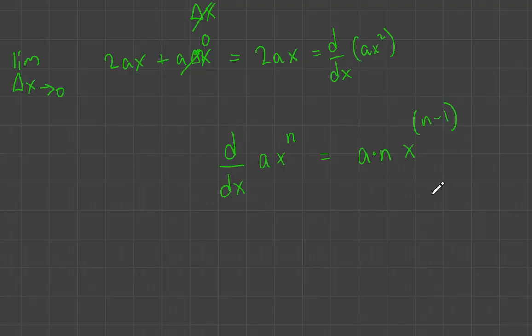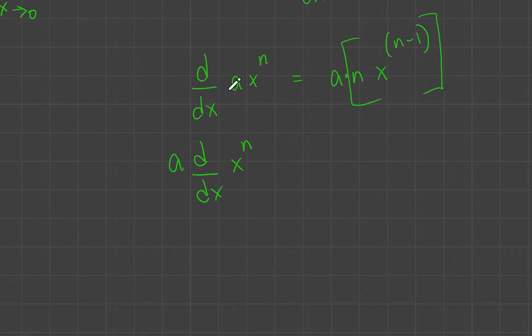So what this is saying is that the derivative of a times x to the n is the same as taking a times the derivative of x to the n. And that's true in all cases.